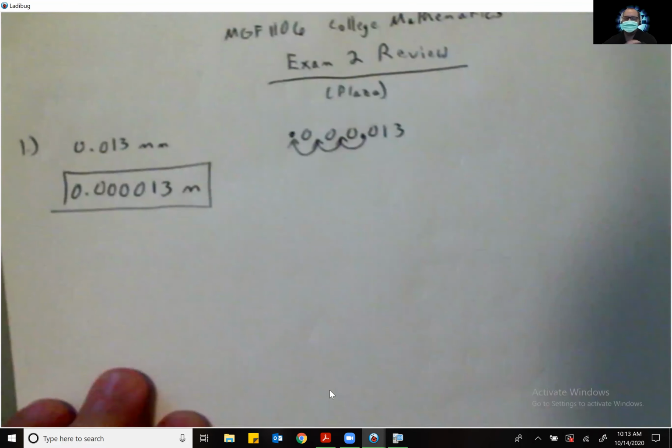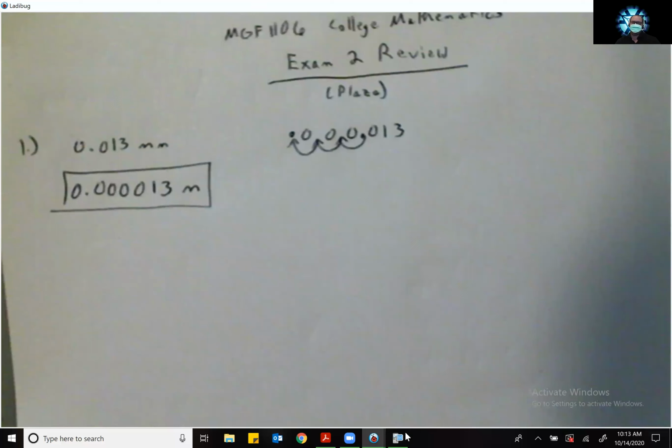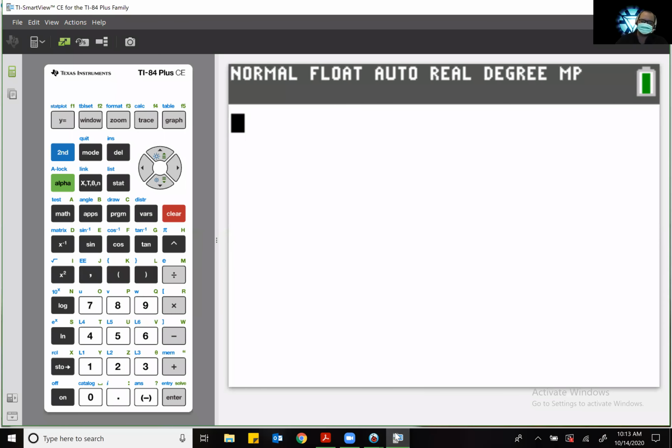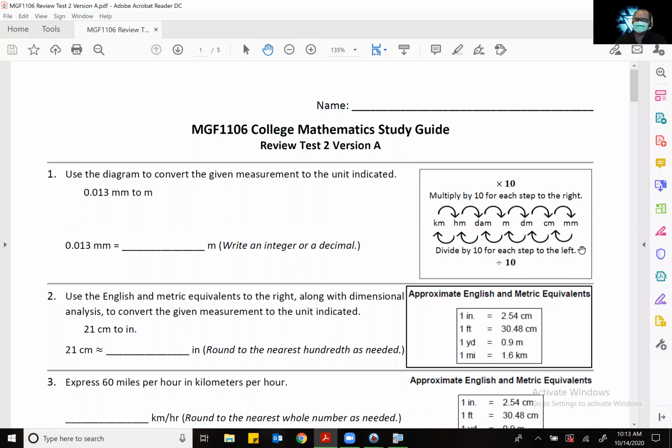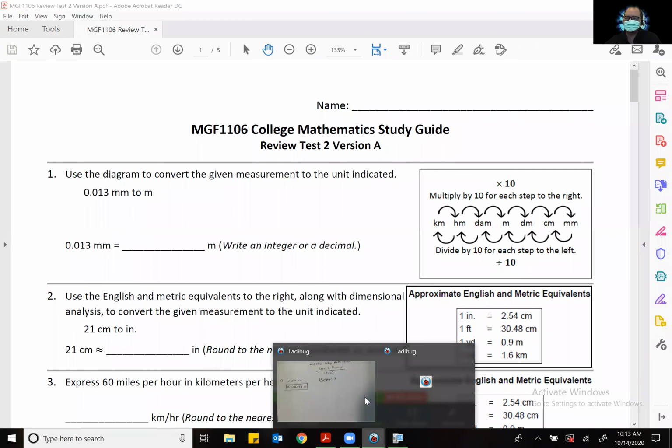Another way you could have done this is to take our number and divide it by 10, 3 times, because that's also what it says to do in the drawing. See right here, you move to the left, and for each step, divide by 10. So I've got my calculator.